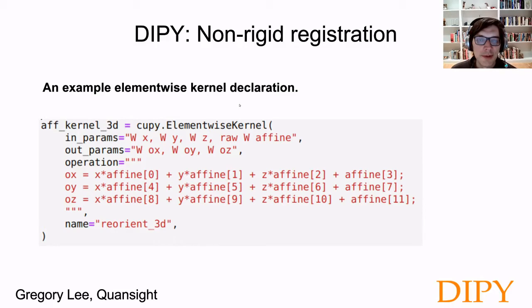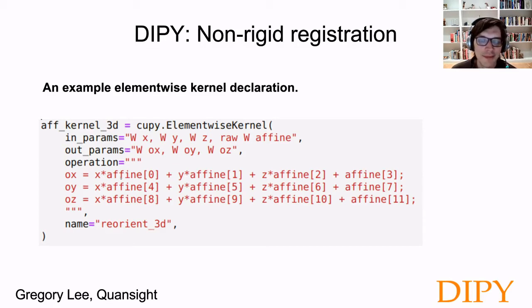So an example of an element-wise kernel declaration is shown here, where this is a kernel that would take in arrays containing x, y, and z coordinates and some matrix containing an affine transform, a 4x4 matrix in this case, and the outputs are x, y, and z coordinates again in the transform space. And so the inner loop function for this kernel is basically a 4x4 matrix multiplication.